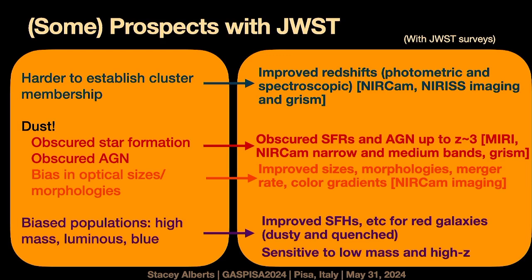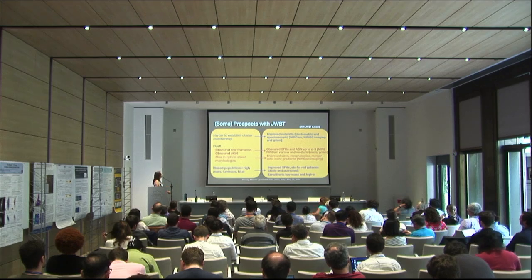So I'm keeping this to the idea of being able to survey some sort of area. JWST is not a survey machine, but with the imaging and the GRISM spectroscopy, we can get some sort of area. And then there's also, of course, things like NIRSpec spectroscopy where you can get targeted observations, but you're going to be limited in how many you can target.